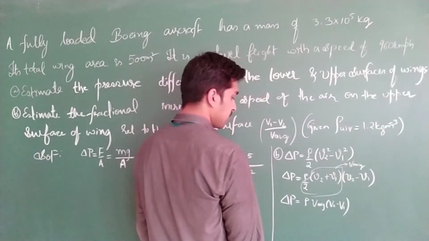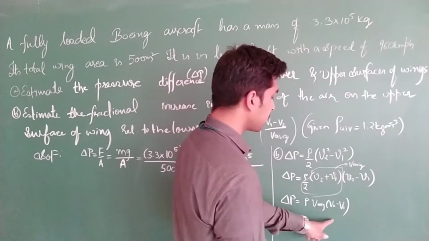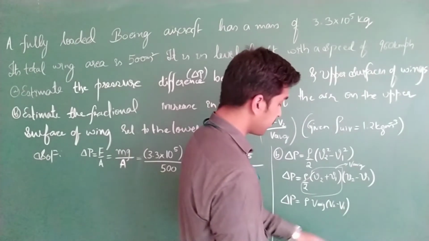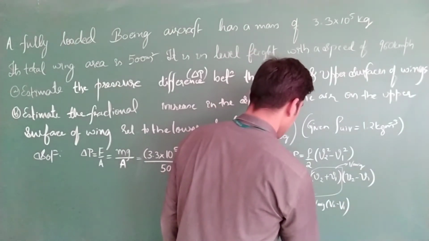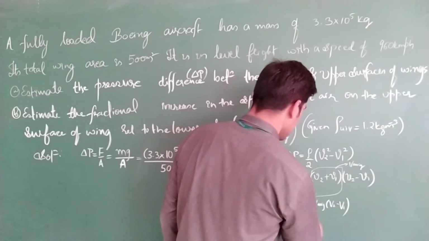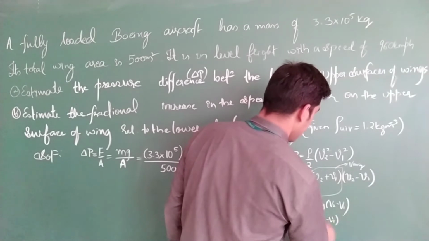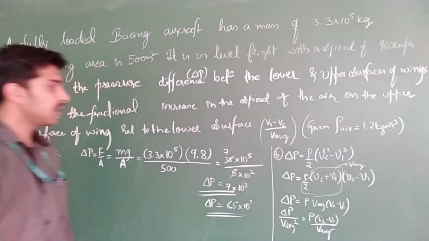If you divide by V average square, you are going to get V2 minus V1 by V average. Just take delta P by V average square, which is equal to rho into V2 minus V1 by V average. Correct?